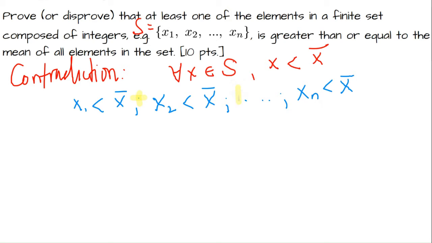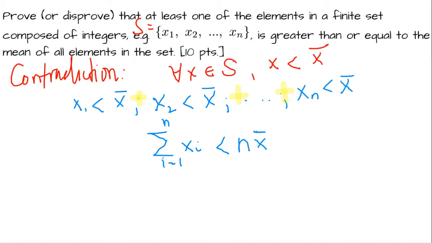When we add them, we get the summation of x sub i from i equals 1 up to n, and this will be less than n times the mean x bar.